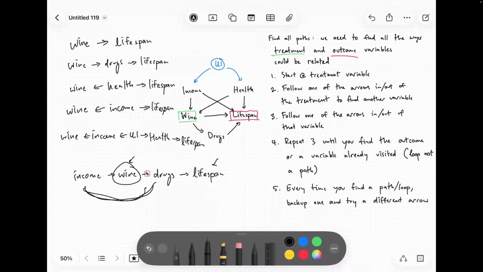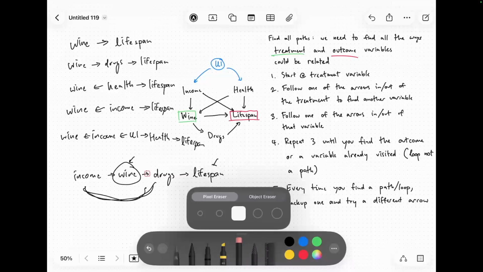Yes. Line from health from U1 to income to lifespan. Perfect.